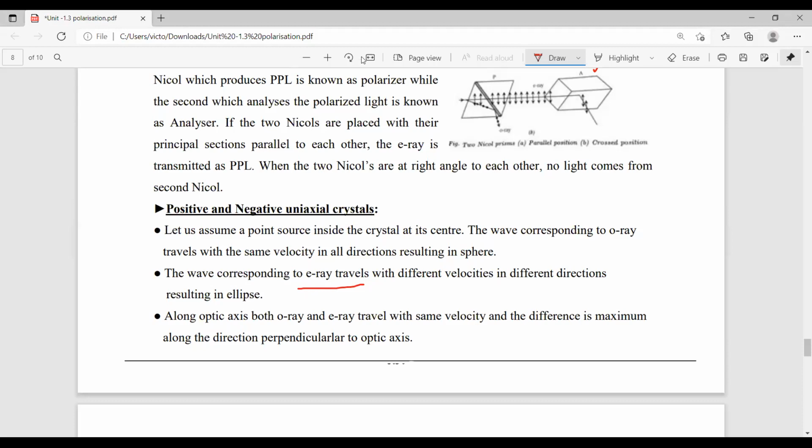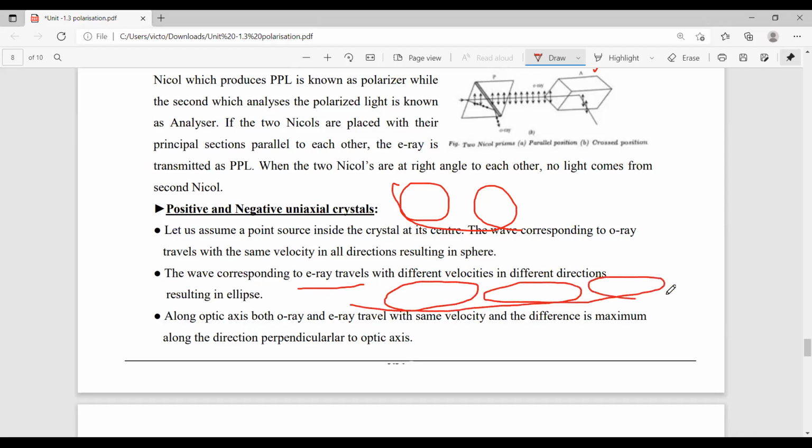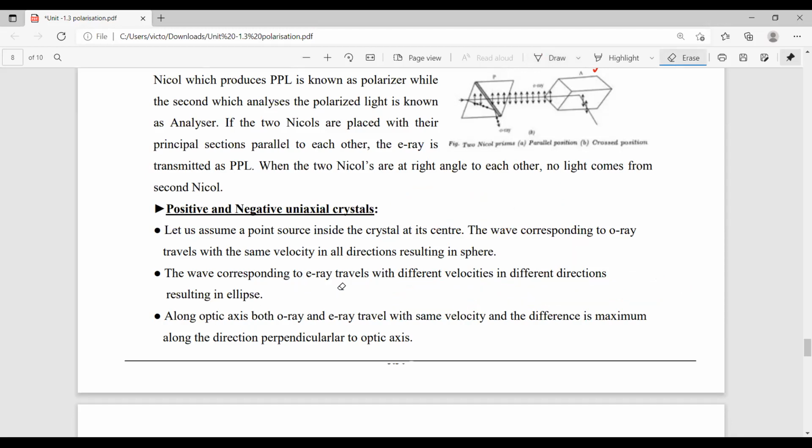That means the O ray travels in a circular form, whereas the E ray travels in an elliptical shape like this. But the O ray and E ray both travel with the same velocity along the optic axis.